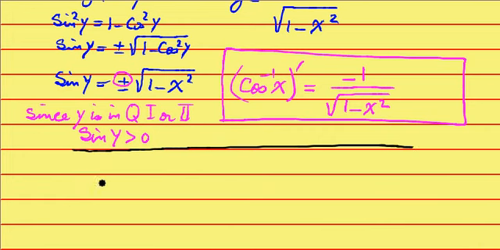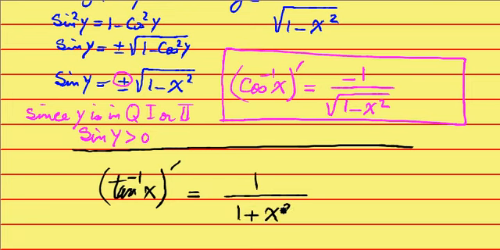The next one we have is the following formula: the derivative of tangent inverse of x is equal to 1 over 1 plus x squared. So what we want to do is show where this comes from by using implicit differentiation.